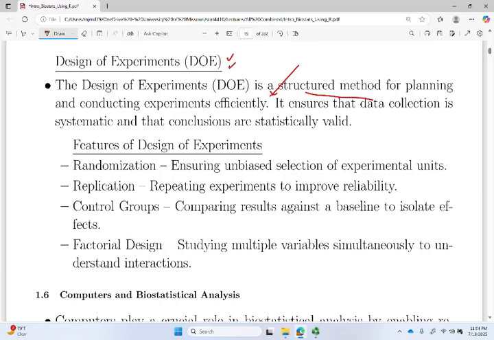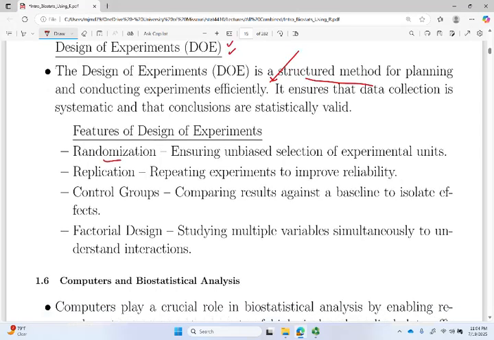We'll do a chapter on design of experiments, and I'll give you the relationship to a clinical study. But there's randomness, and that ensures unbiased selection.